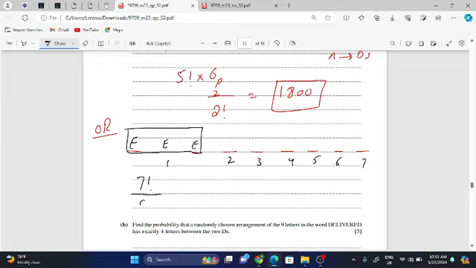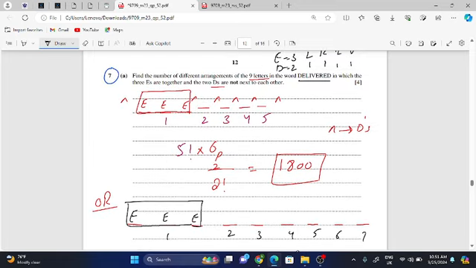So 7 factorial divided by 2 factorial, because the remaining places can be filled by the letters 2 D's, 1 L, 1 R, and 1 V. I can arrange these letters.